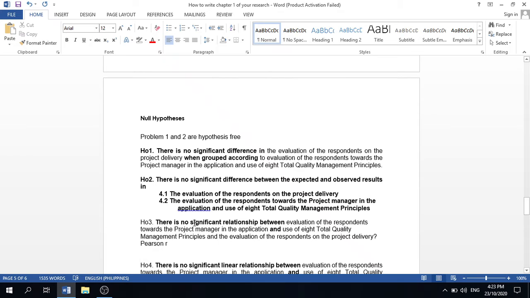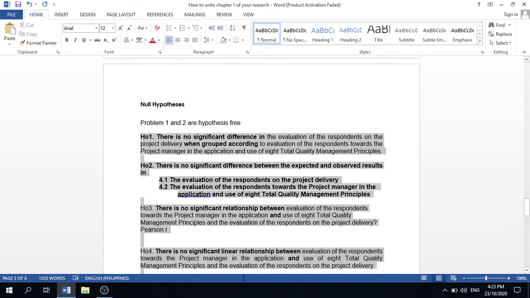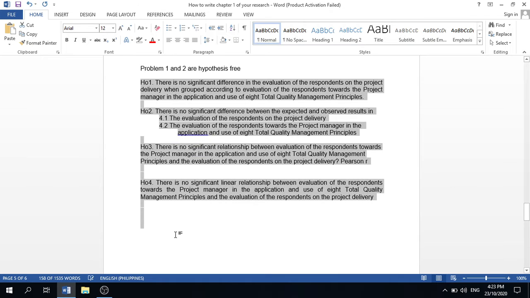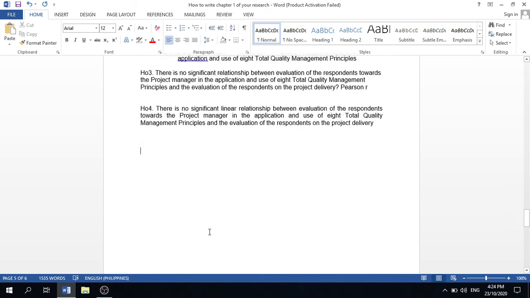So basically that's just how you state your null. Just change the questions into statements.